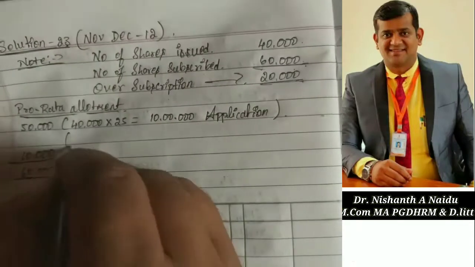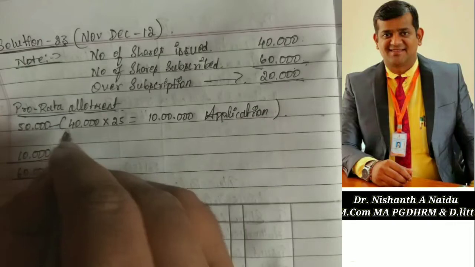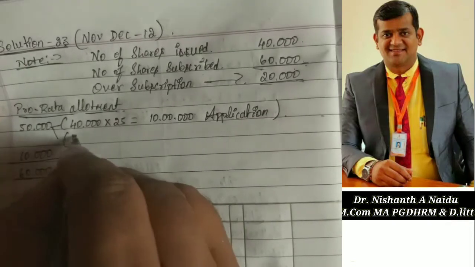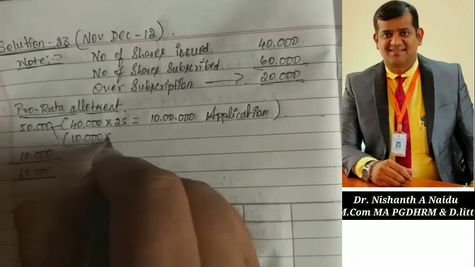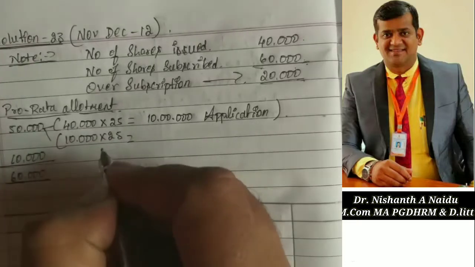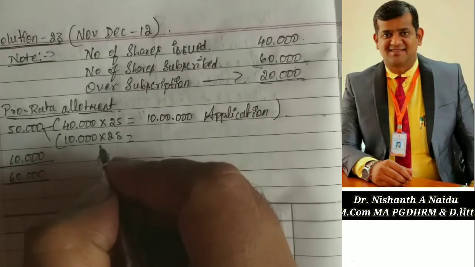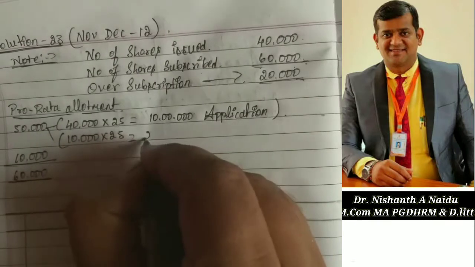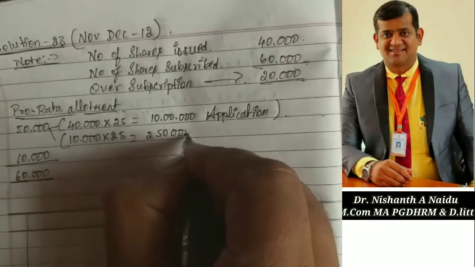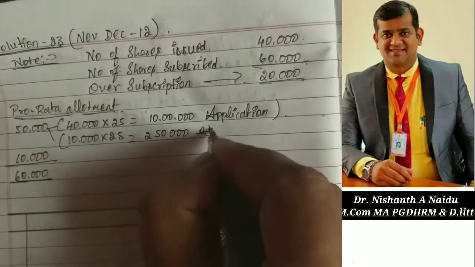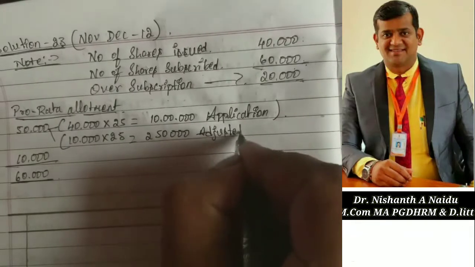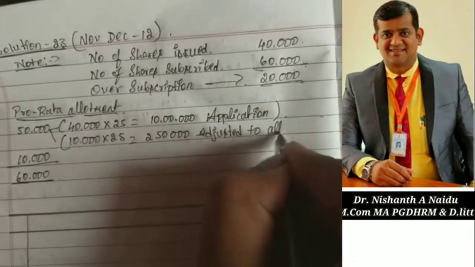Okay, so out of 50 we have calculated 40, balance 10,000 into 25. So now calculate 10,000 into 25 rupees, that is 2,50,000. This is adjusted to allotment.